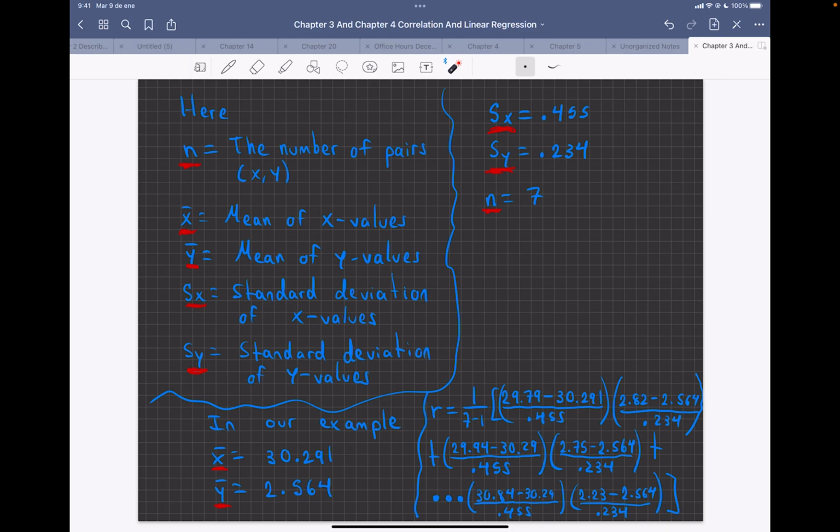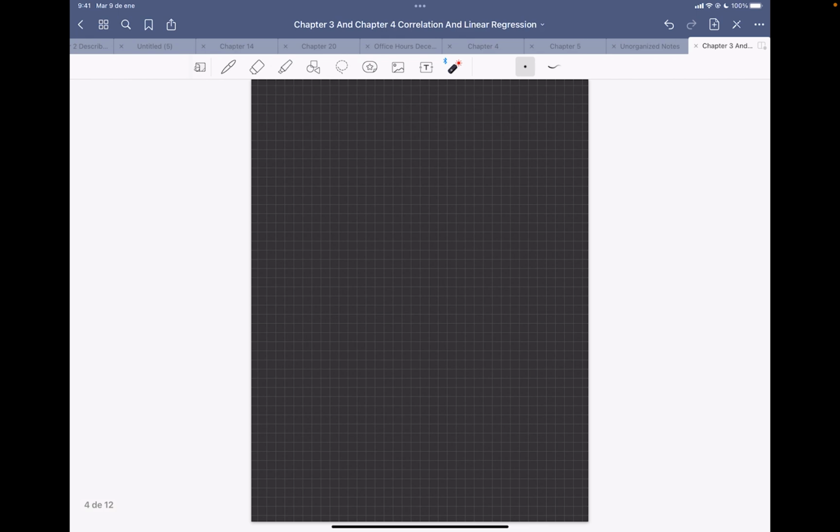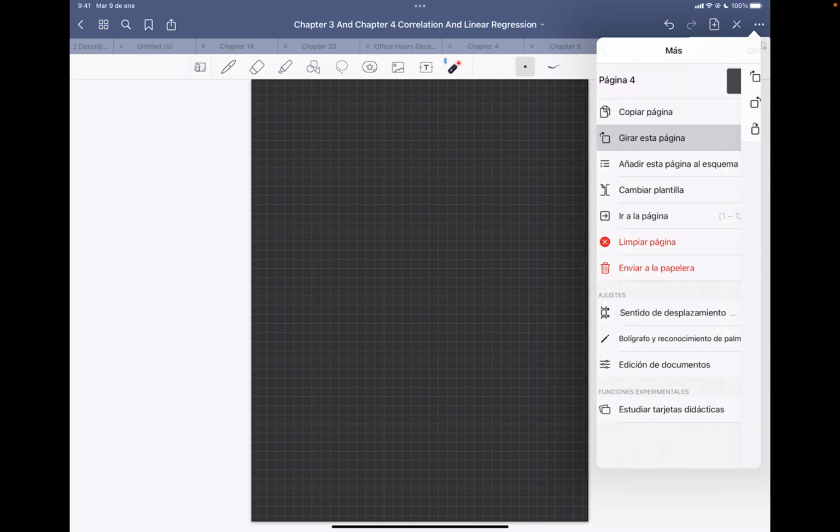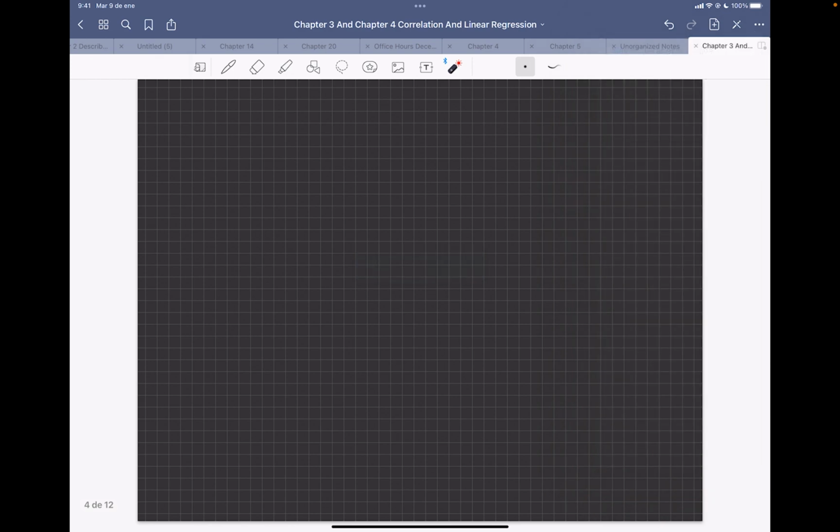That okay? Again, you can do this by hand. If you do it by hand, you're going to verify that the value you get for R is going to be this one.